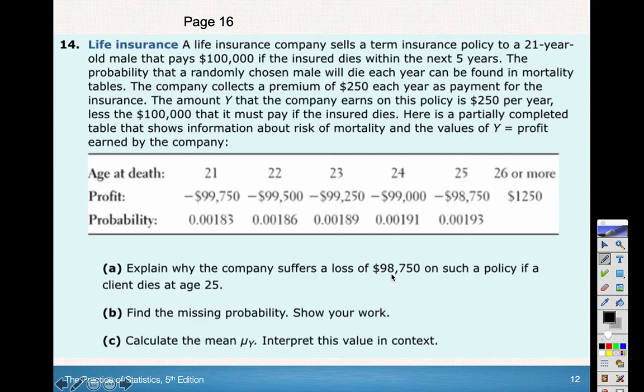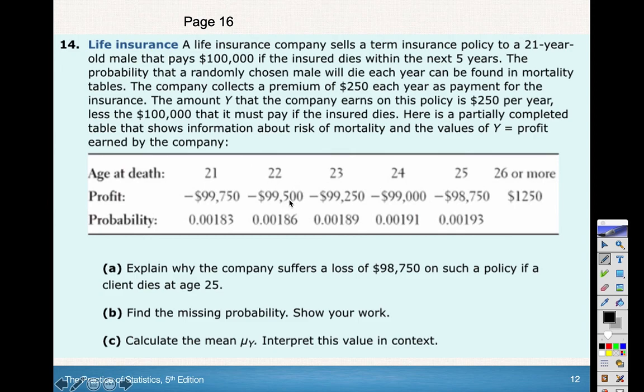For all of these, let's think about how they come about. At year 21, the company would have only collected $250, and unfortunately the insured person passed. So the company paid $100,000 but only brought in $250, so their net loss is this much.